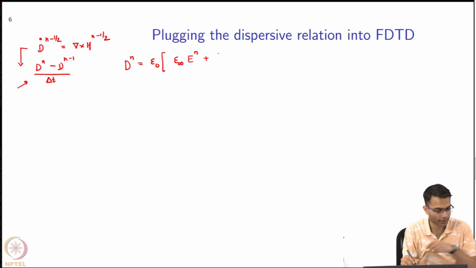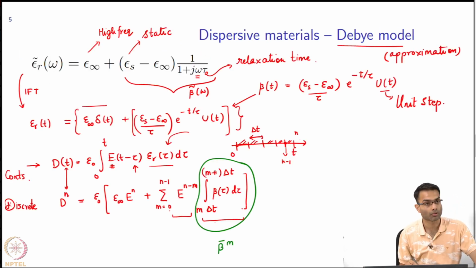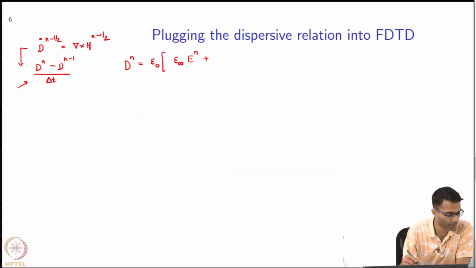So, the first term over here, we will start with m is equal to 0. So, it will be E n, right, and then beta bar 0, right. I am starting with m equal to 0. It is very simple if you just keep track of the indices: E n beta bar 0, right.